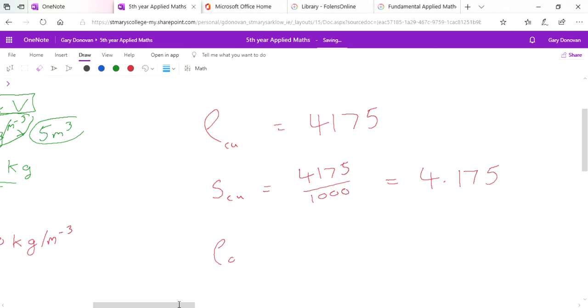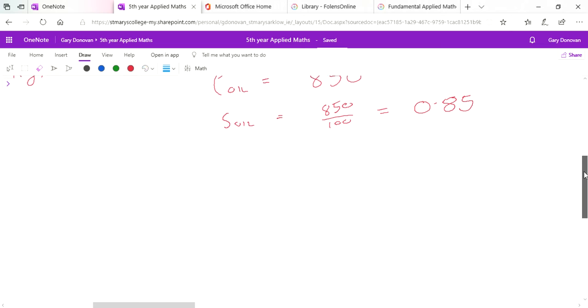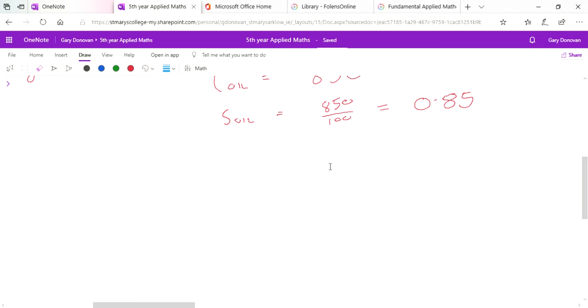If the density of oil is 850, the relative density of oil would be 850 divided by the density of water, which is 0.85. Relative density has no units, and you use it in questions sometimes, but I tend to just leave things as density. I find it easier. So that's the basics that you need to know.